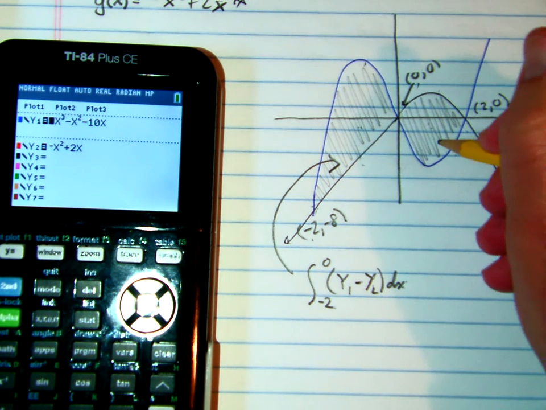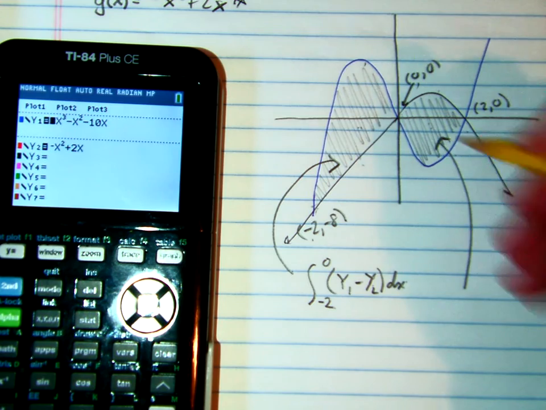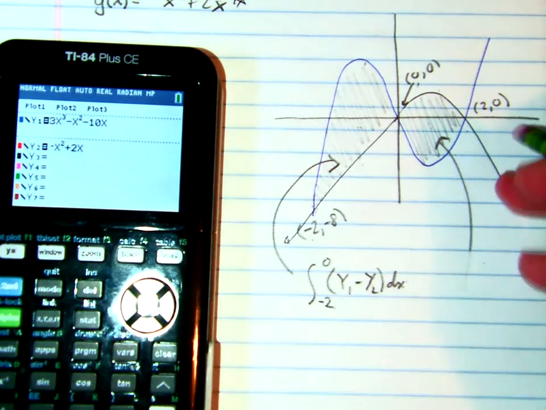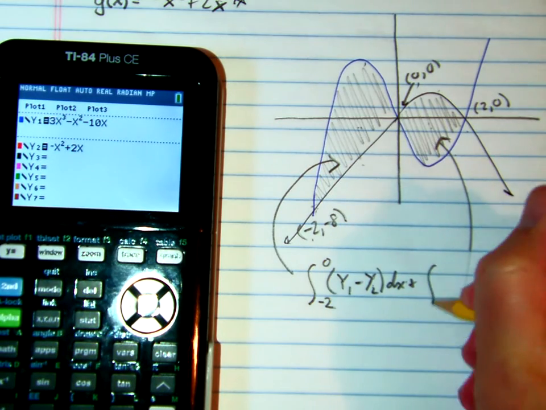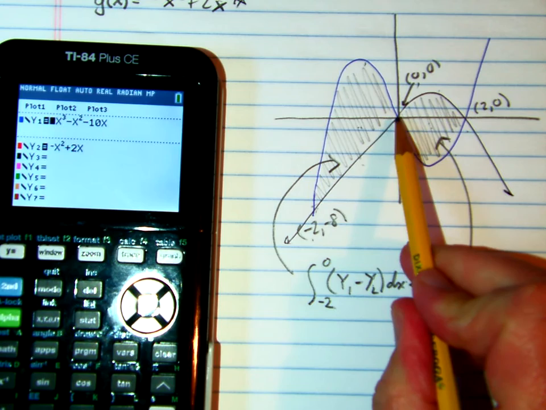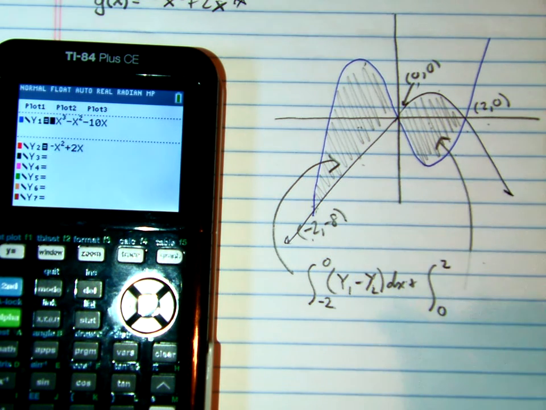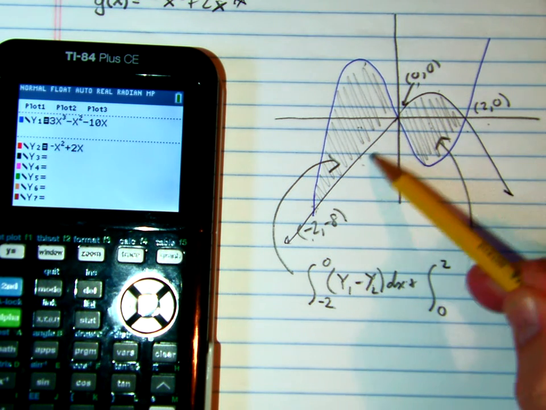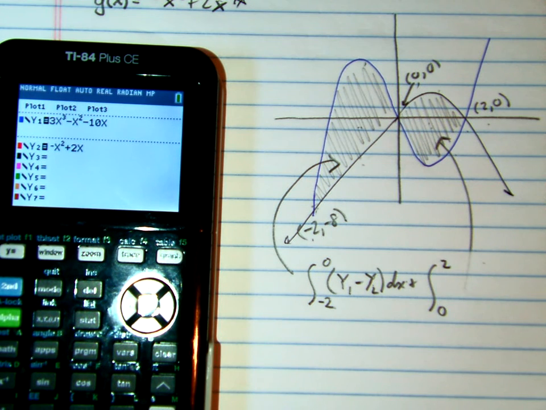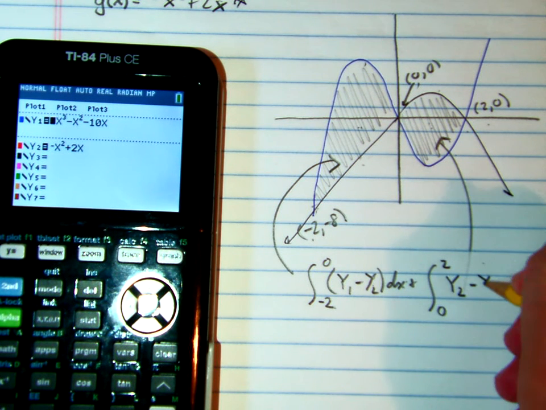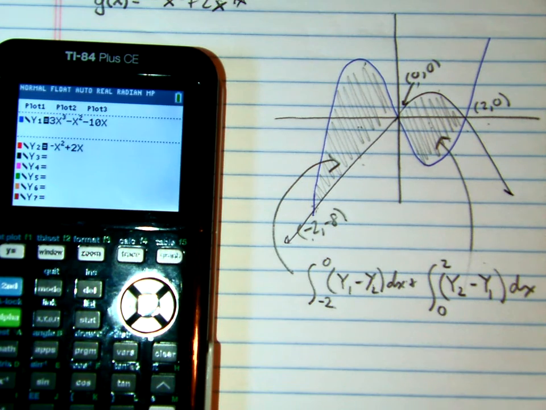And then we need to add that to the other area. So for this one, we're integrating from x values of 0 to 2. And for this region, the top curve is the quadratic, which is the g of x, where I have it in my calculator, the y2. And that's also with respect to x.